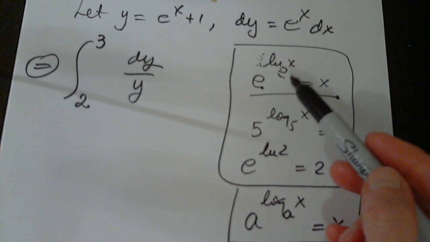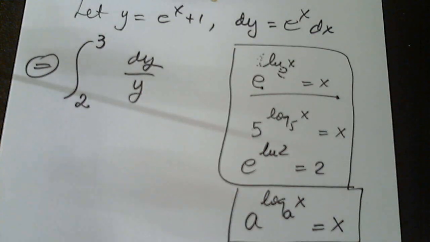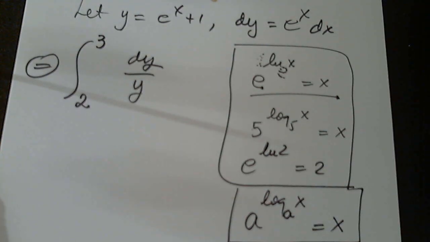Now, what happens if you forget the rule? If you forget the rule, you have to be careful how you plug it into the graphing calculator, and the calculator will give you the answer. So, careful: e raised to the power of natural log 2. When I hit enter, I have to get 2.